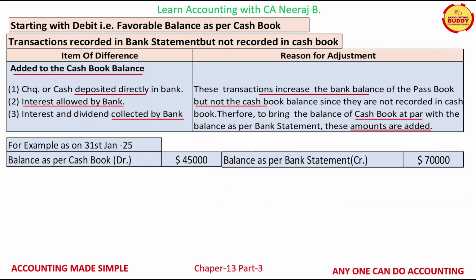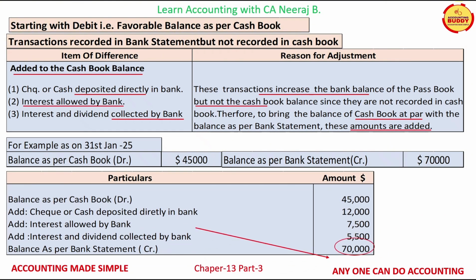Now, if we start the bank reconciliation statement with the $45,000 debit balance as per cash book, we need to add the unmatched transactions of checks or cash deposited directly in the bank, interest allowed by the bank, and the interest and dividend collected by the bank. The value of all these unmatched transactions will be added to the cash book balance to arrive at the $70,000 credit balance as per bank statement.